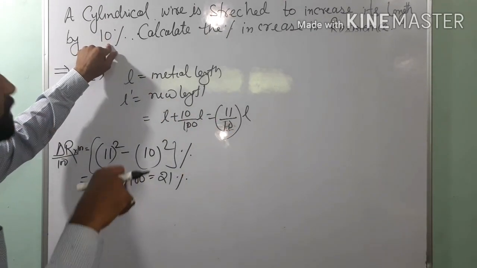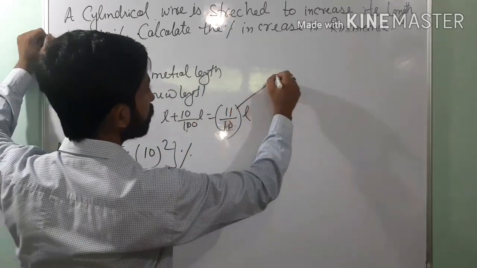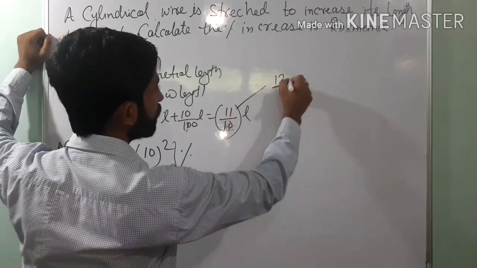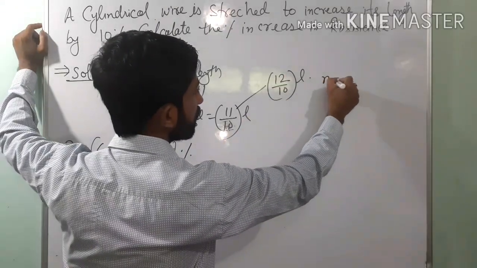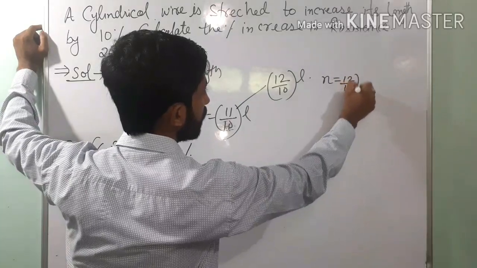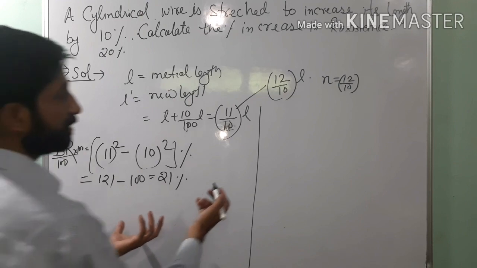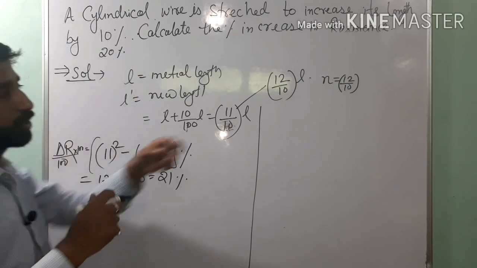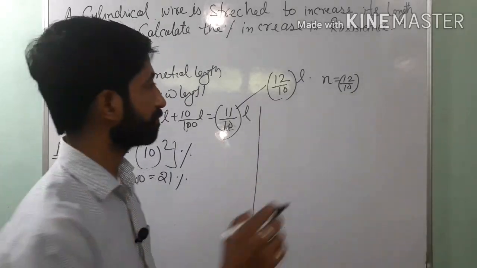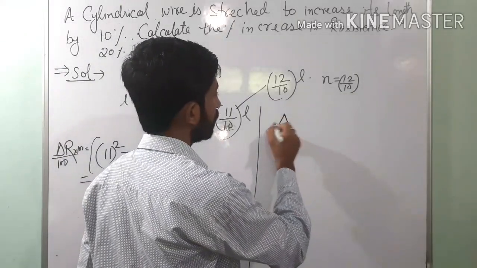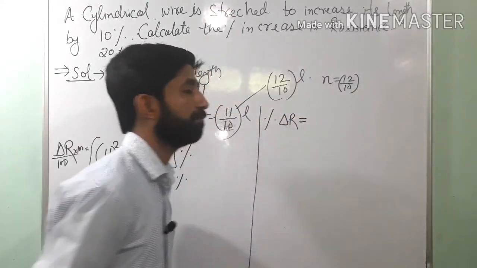As I told earlier, if the percentage increase is 20%, then this becomes 12 over 10 of L. So again n is 12 over 10. In that case, what would have been the increase? Square of 12 minus square of 10.